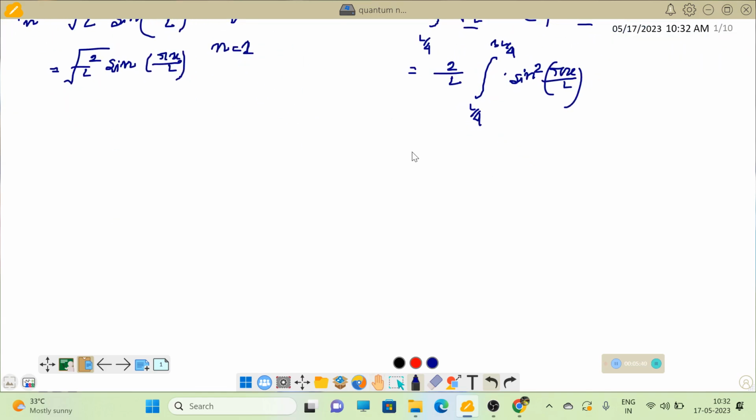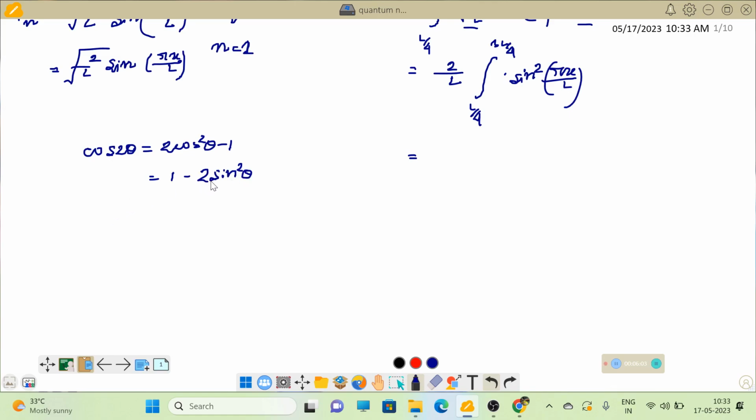So here we can write, you know that cos 2 theta equal to 2 cos square theta minus 1, or we can write 1 minus 2 sine square theta.